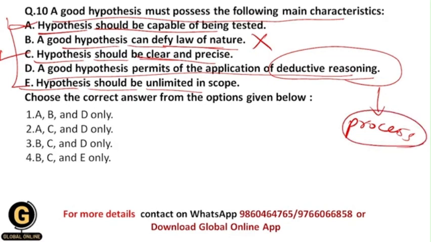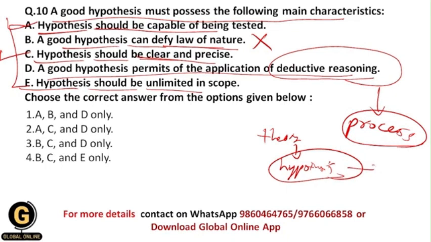So in this approach basically we have an existing theory, and based upon the existing theory we formulate a hypothesis, and after that we test the hypothesis by using different statistical techniques, and after that finally we get the results. Okay, so this is nothing but the whole approach of deductive reasoning towards research, and basically a good hypothesis permits this application of deductive reasoning for its testing.